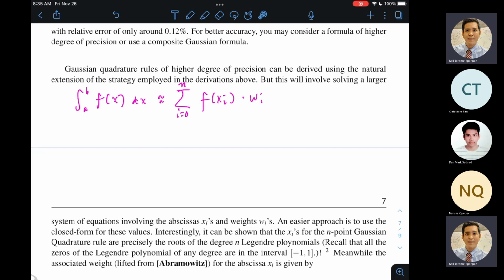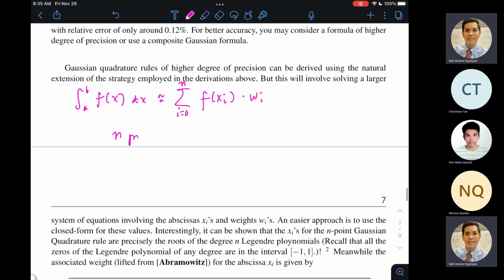Okay? And we said that if you're using endpoints in the Gaussian quadrature formula, then it will bring about 2n unknowns. Bakit 2n unknowns? Kasi una, yung mga abscissas kailangan nating i-compute. There would be n of them. And then for each of these abscissas, dapat meron pa tayong mga associated weights.